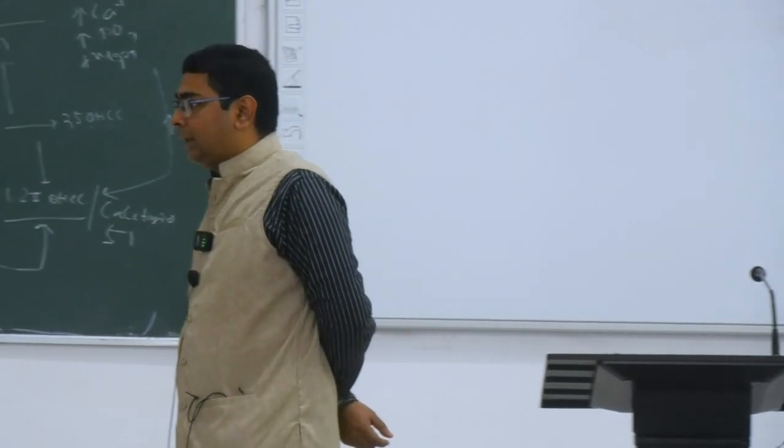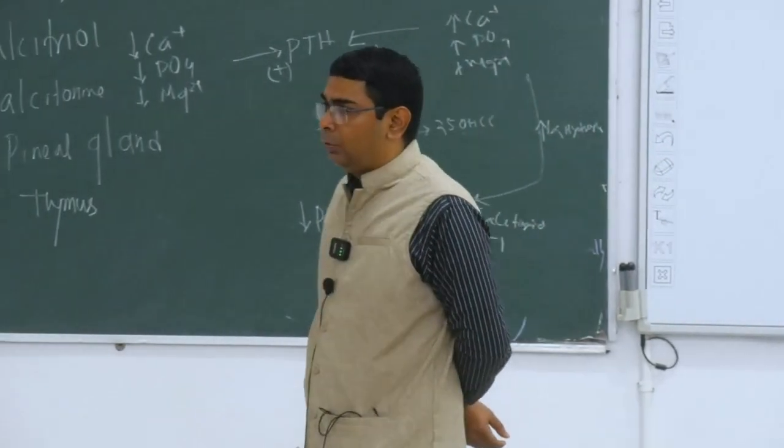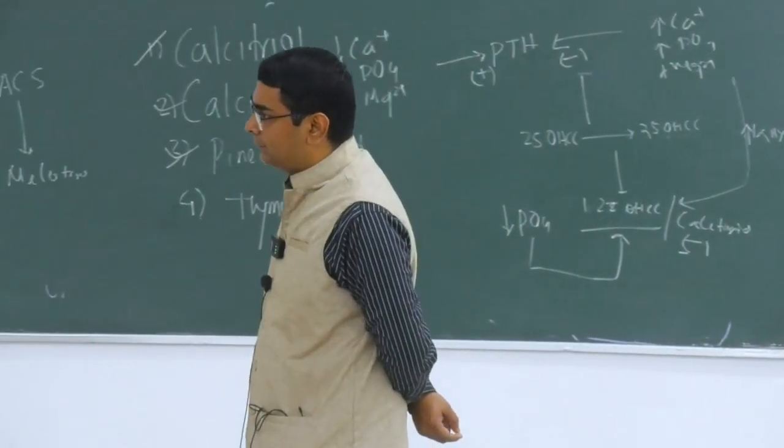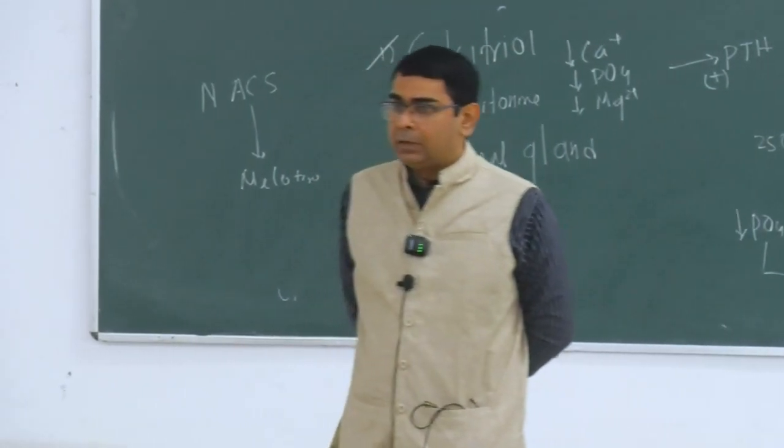What about myasthenia gravis? Myasthenia gravis এ কি হচ্ছে there is an auto antibody against acetylcholine in our body.